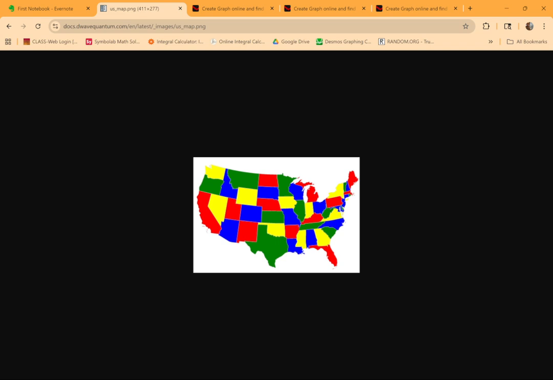So the idea here is to think of the states as the vertices. Let's just look at the West Coast: Washington, Oregon, California, and then Nevada.